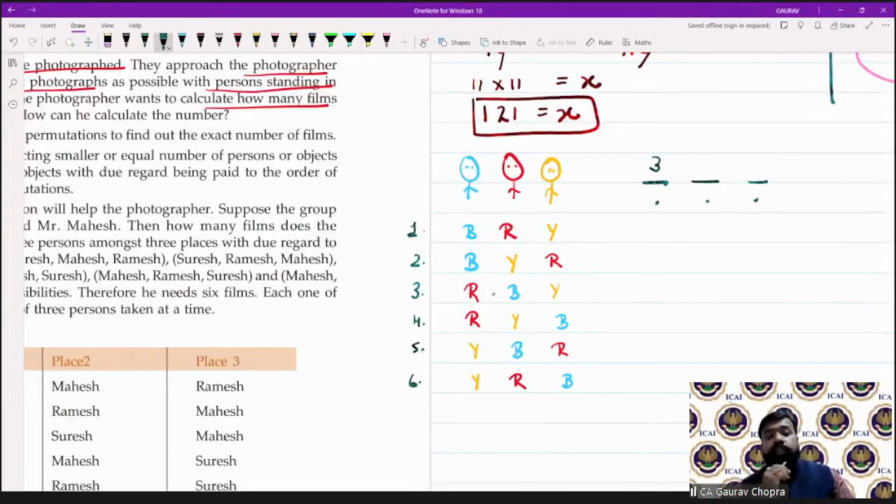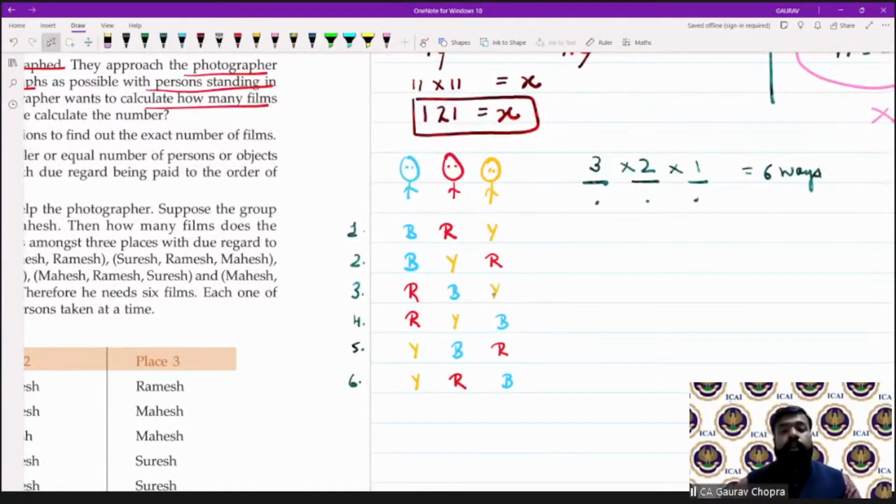The second person will have only 2 options, and the third person will have only 1 option. We multiply them and get the result. So in total, there are 6 permutations in which they can stand for the photograph.